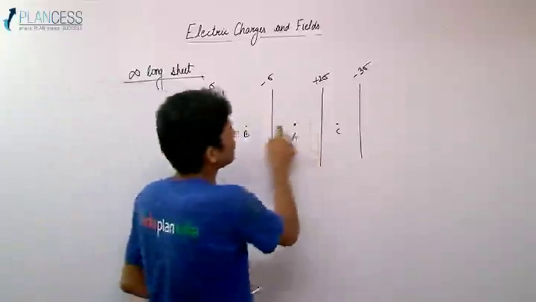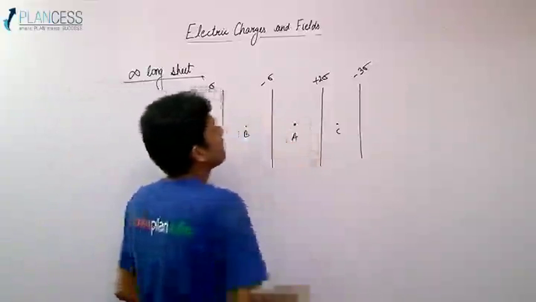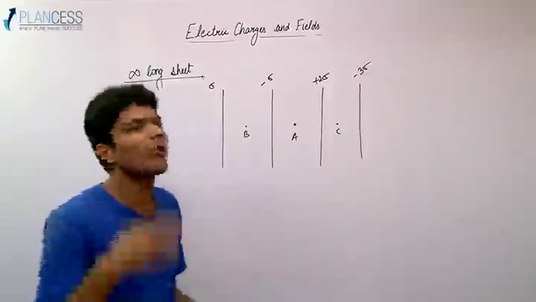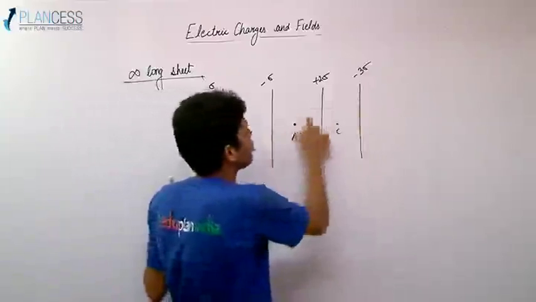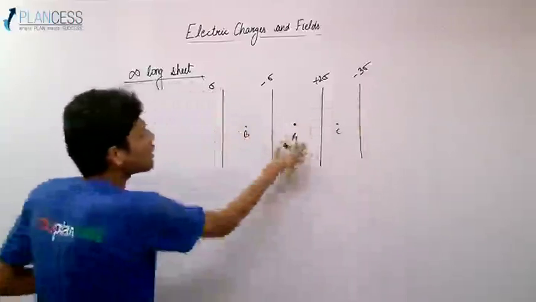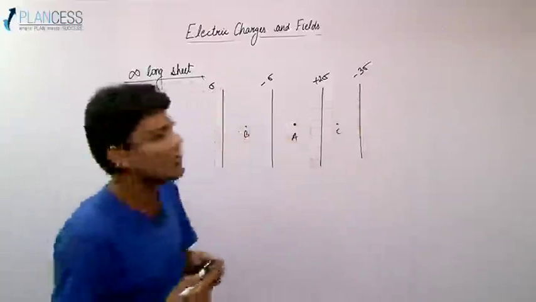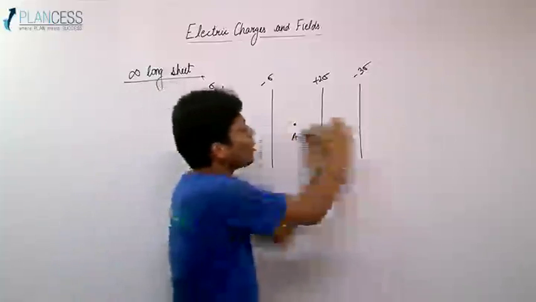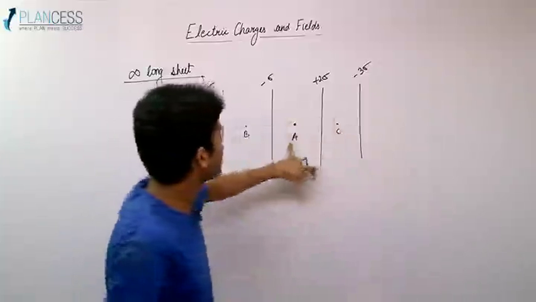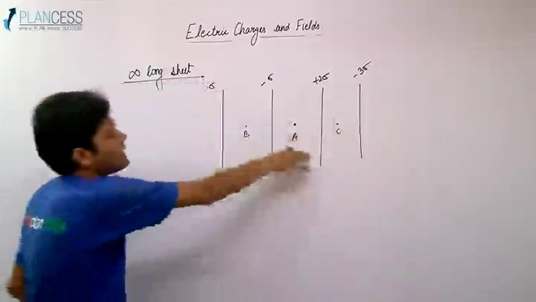By this plate it would be 2 sigma by 2 epsilon naught here, and by this it would be minus 3 sigma by 2 epsilon naught. So you can see that it is pretty easy to solve questions like this, wherein infinitely long sheets are placed and you have to calculate the electric field at any such point.